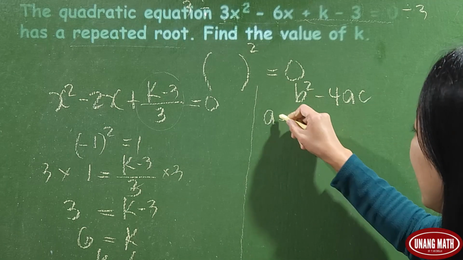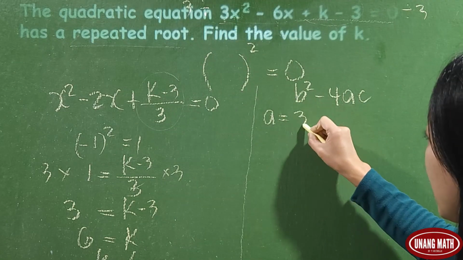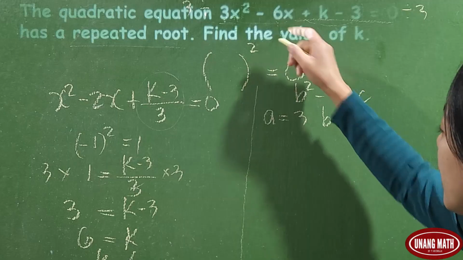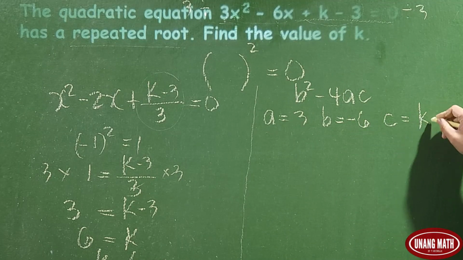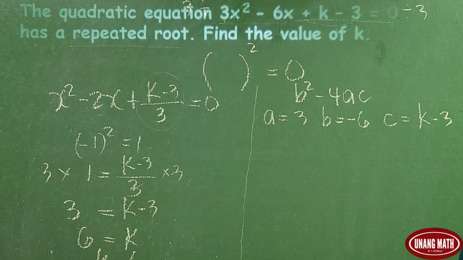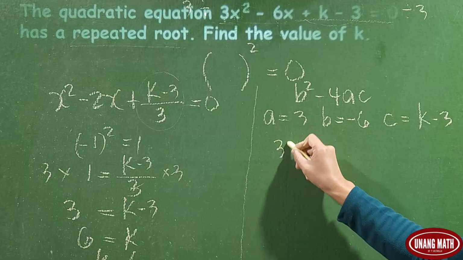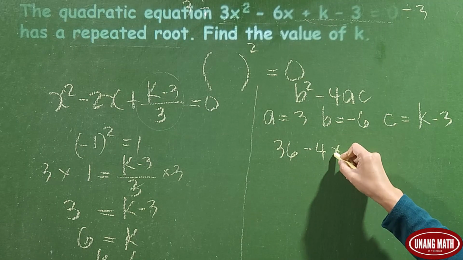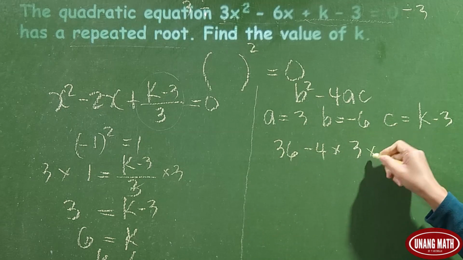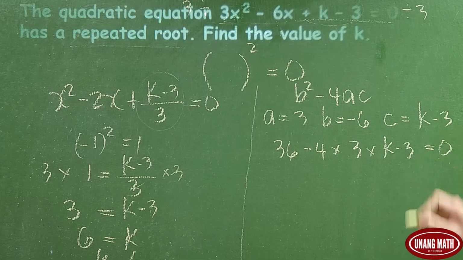In this equation, a is 3, the value of b is negative 6, and c is k minus 3. So b squared, negative 6 squared is 36, minus 4 times 3 times k minus 3, and this is 0.